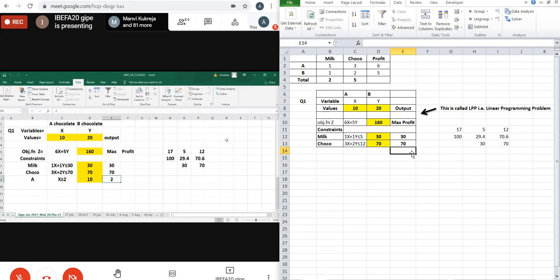Come on, tell me what happened. Sir, we used our entire stock. Profit will be maximized. Great. 160, and all milk, all choco will be used, both A and B produced, correct now? Yes, sir.